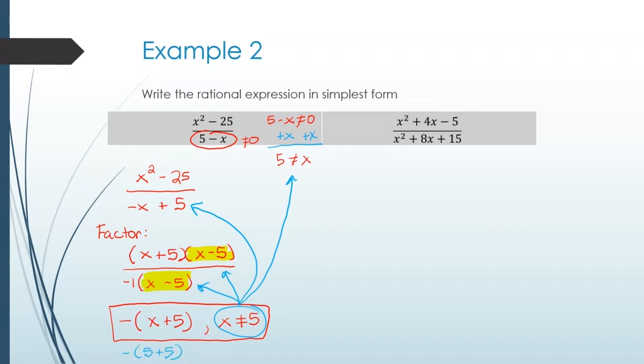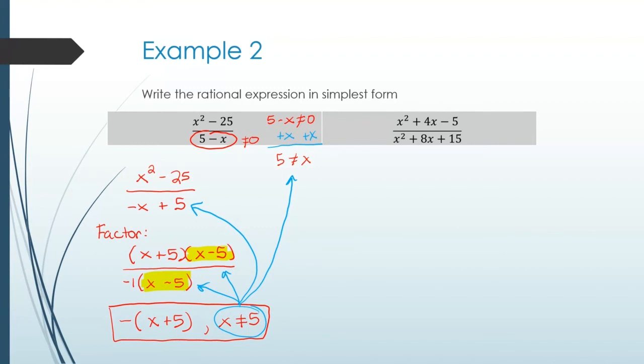That's okay, but it all depends on what was not allowed in the original that we started with. Because we originally started with something that does not allow 5, we are still not allowed to have 5 in the end, even if it does give us a number.